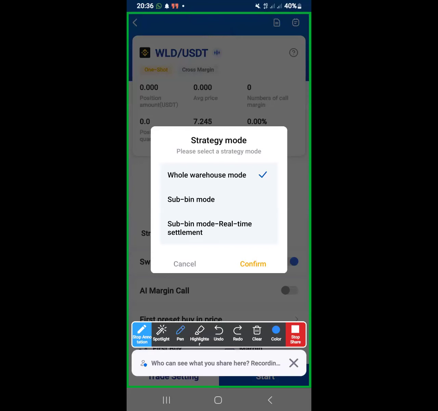Okay, so when your strategy mode is in the whole warehouse mode, expect the robot to sell and clear everything at once.